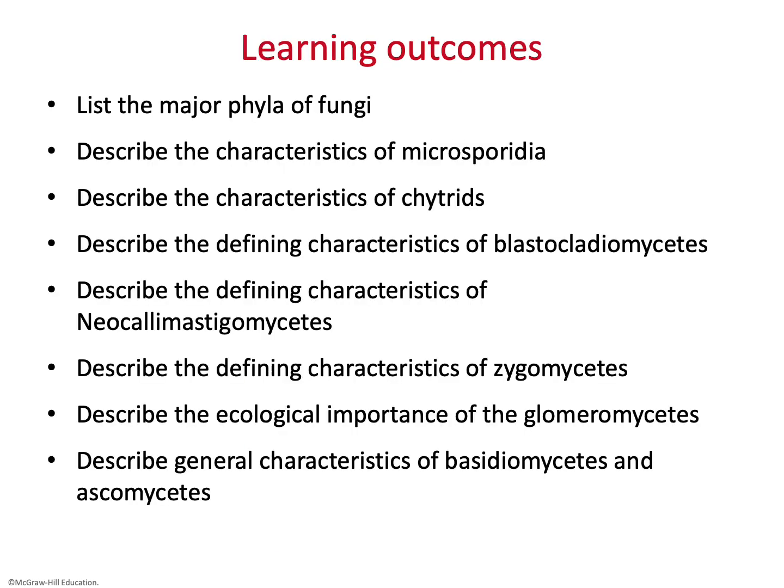At the end of this lecture you should be able to list the main phyla of fungi, describe the characteristics of Microsporidia, describe the characteristics of chytrids, describe the defining characteristics of Blastocladiomycetes, describe defining characteristics of Neocallimastigomycetes, describe defining characteristics of Zygomycetes and Glomeromycetes, and describe general characteristics of Basidiomycetes and Ascomycetes.